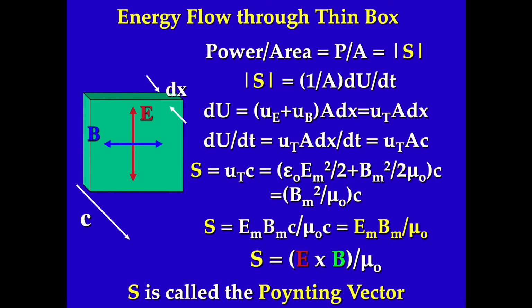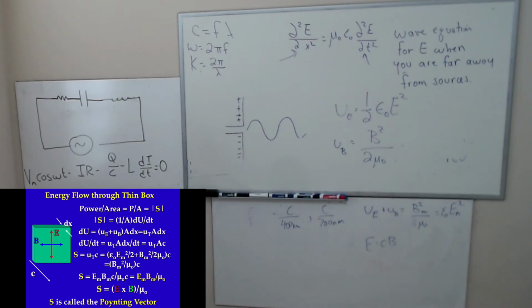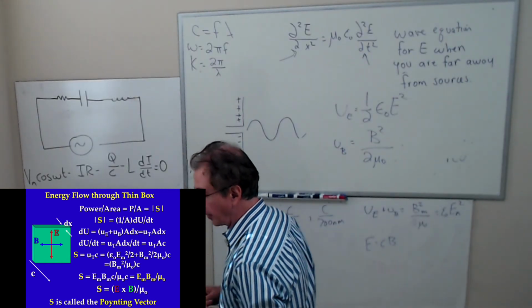In fact, E, B, and the direction of travel form a right-handed coordinate system. And they also tell me how the energy per unit area per unit time is flowing. And we call this the Poynting vector. So the Poynting vector tells you how the energy is flowing per unit area per unit time.